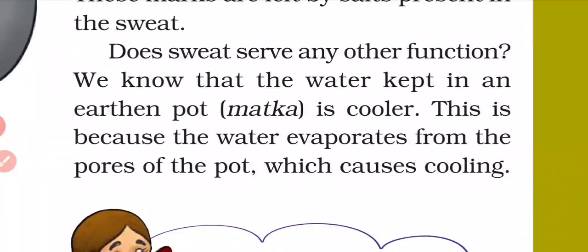A similar action occurs with sweating. The sweat coming out from the skin evaporates, the water in it evaporates and it feels cool. That is why in the summer season we are able to control our body temperature. The salt is left behind, and that is why the white patches can be observed on clothes.